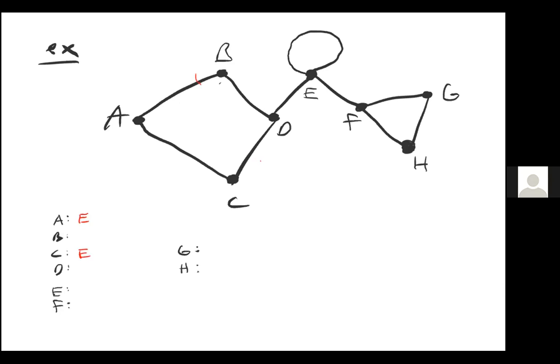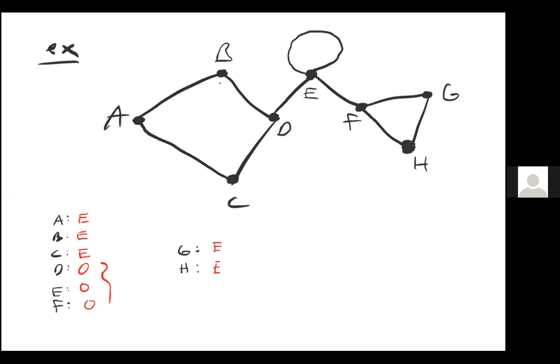B is even because there's two edges coming out of B. D looks like it's odd, right? 1, 2, 3 coming out of D. E looks like it's odd: 1, 2, and then the loop is a third one, so E is odd. F looks like it's 1, 2, 3, odd. And then G and H are both even. They both have two coming out of them.